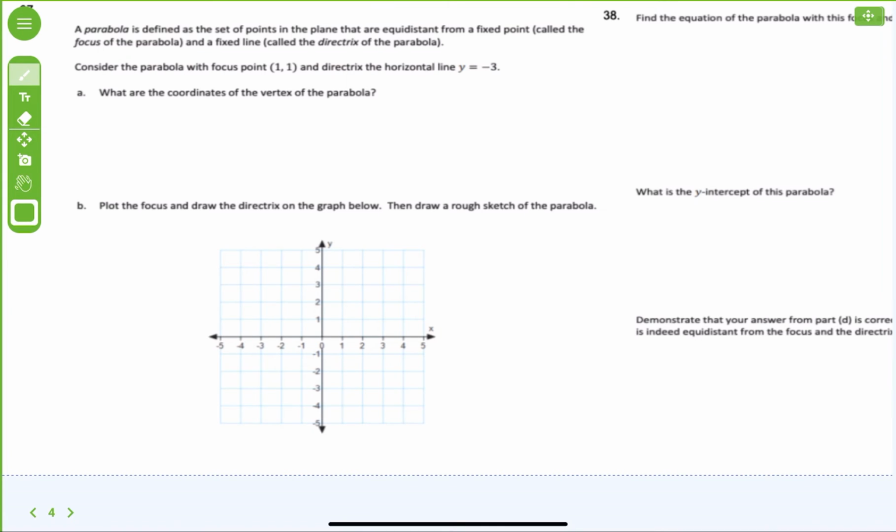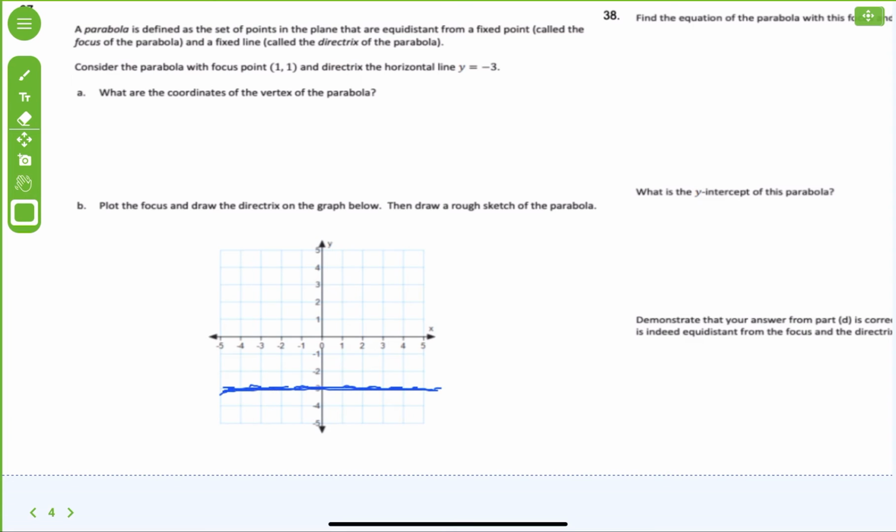Well, what we will do here is I'm going to go ahead and graph it in B and show you the directrix. I'll show you the vertex here. So the directrix is negative 3. So it's down here.